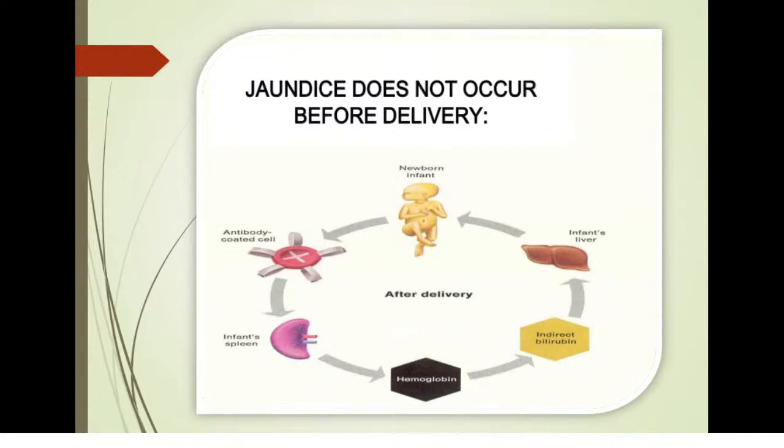If hemolysis begins shortly before birth or after birth, jaundice is generally evident on the first day of life because the infant's bilirubin conjugation and excretory systems are unable to cope with the load resulting from massive hemolysis.